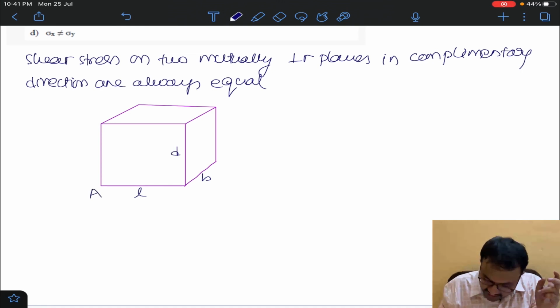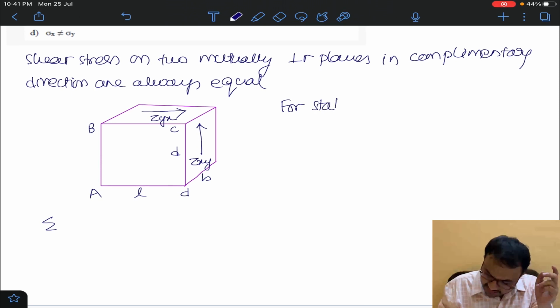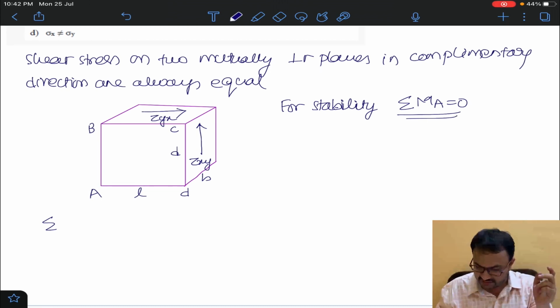The points I am marking here are A, B, C, D. This stress is tau yx, and this stress is tau xy. For stability of this element, the summation of moments about point A is equal to 0.